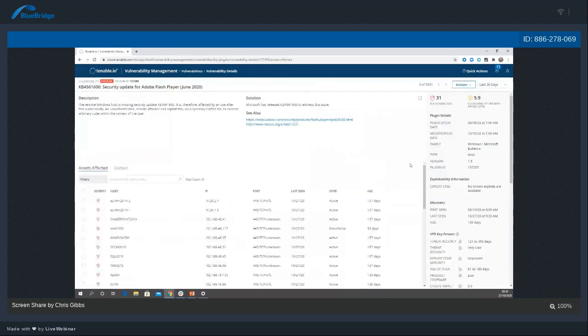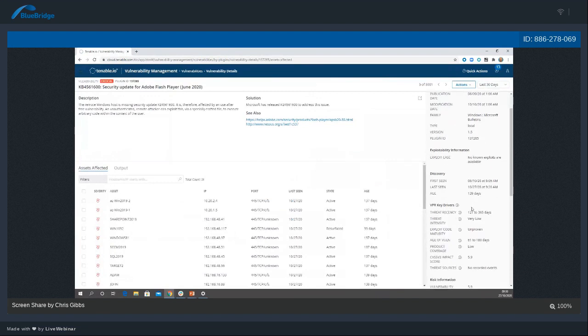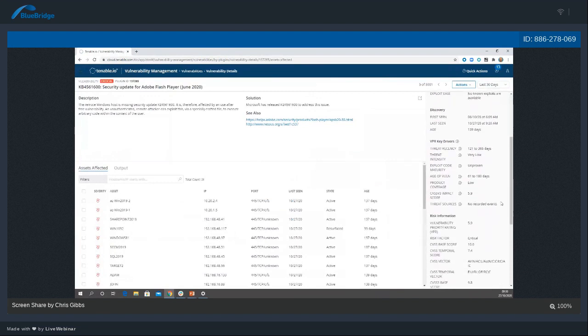We can see here, for example, this Flash update. If I look at the VPR key drivers here, in terms of the background information that we're checking, like I said, we do this on a nightly basis, and this is done with 150 data points we analyze. There's no activity, no sources we've seen activity in.